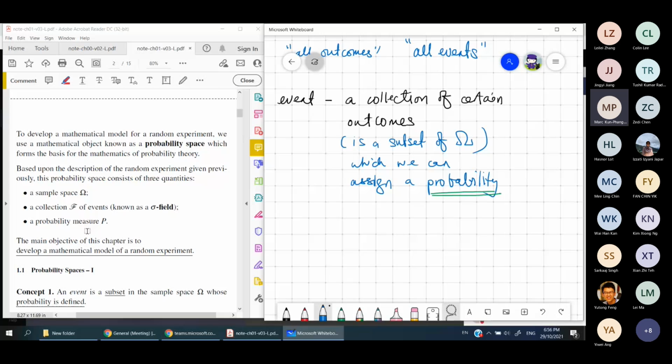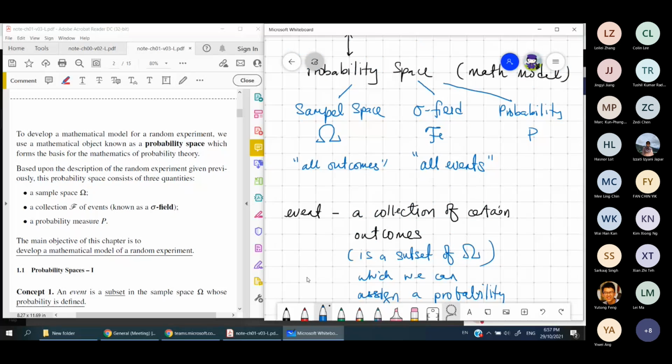You're saying an event is a collection of outcomes to which we can assign a probability, so outcomes that we cannot assign a probability to are not an event. Yeah, I got your question. I'm going to answer your question later.